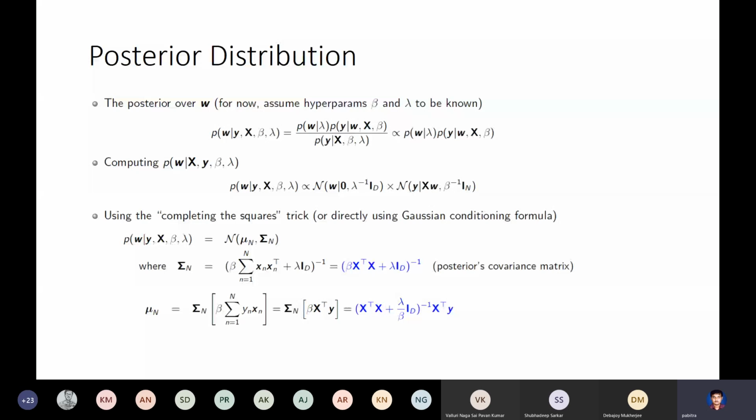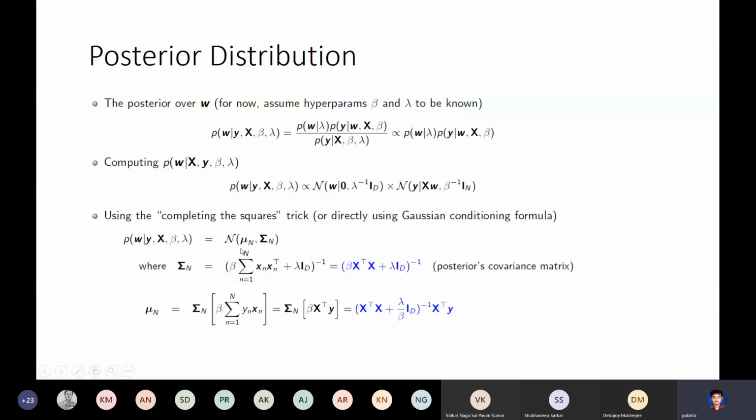The final expression is thus simple. Our posterior is also a Gaussian with mean mu n and variance sigma n. Let us look at what comes up after the algebra is done, after the squares are computed. The point to be noted is that the posterior is also a Gaussian.